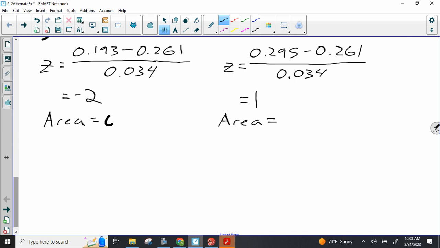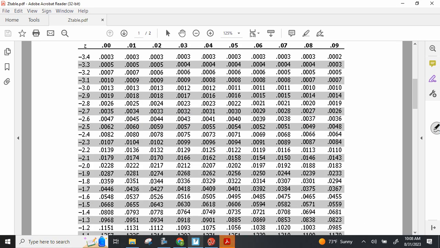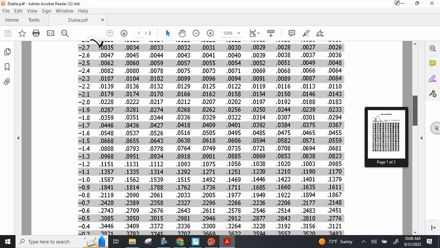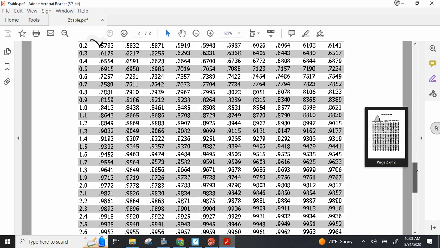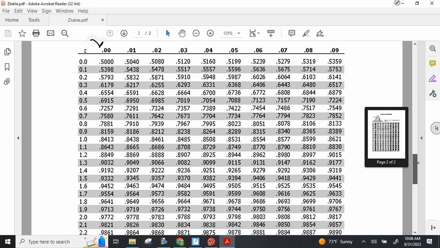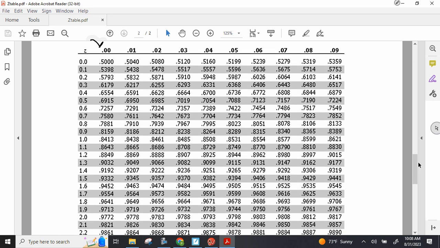Let's get the next one at +1. And it's 1.00. So we're going to still be looking at the same column. And that gives me an area of 0.8413.